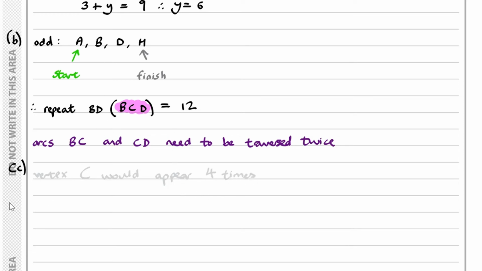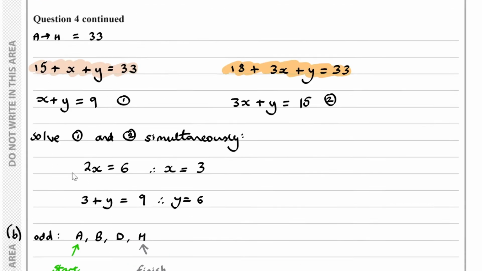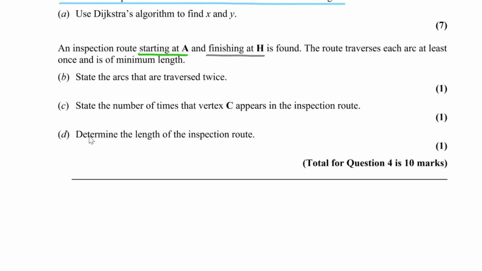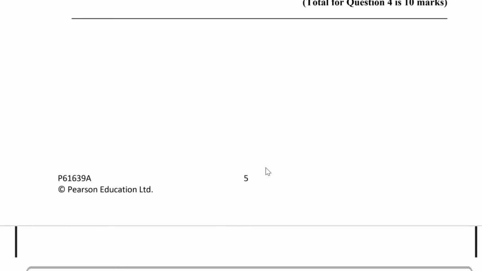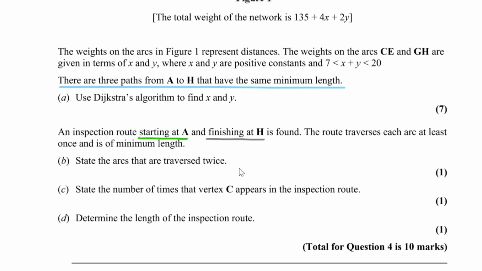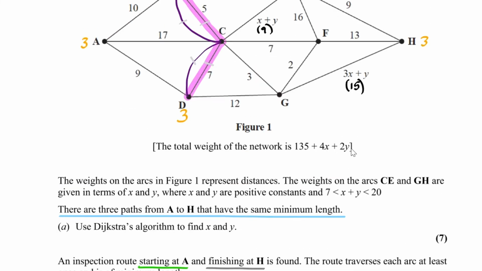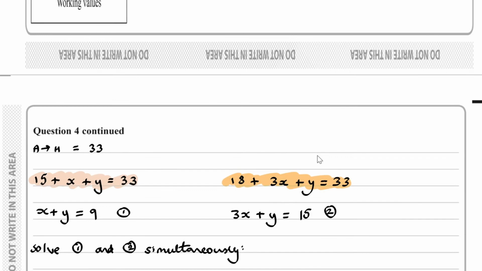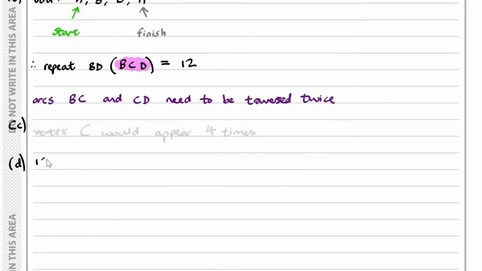Okay, and now for part D, we have to determine the length of the inspection route. Okay, that's quite easy. So far, if we go back to the question, we have a total weight of 135 plus 4x plus 2y, and then we have to add on this 12 here, which corresponds to BD.